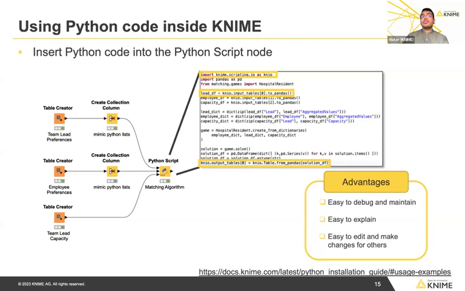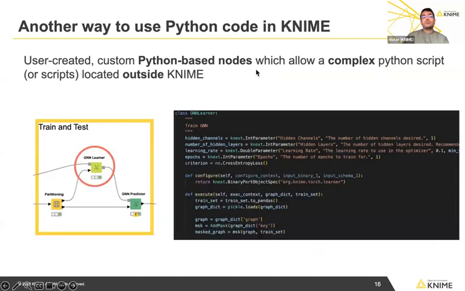So let's talk about other ways we can use Python code in the KNIME Analytics platform. So we can actually create our own custom Python-based nodes, which really mimic the original KNIME nodes, right? This looks a little bit like an original one, right? It looks a little bit like this partitioning node here. It doesn't say Python or anything on it, even though the backend is all Python.